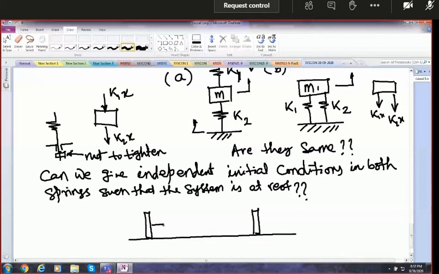I move this support this way by some amount, K1 by X1, and I move the other, K2, by X2.